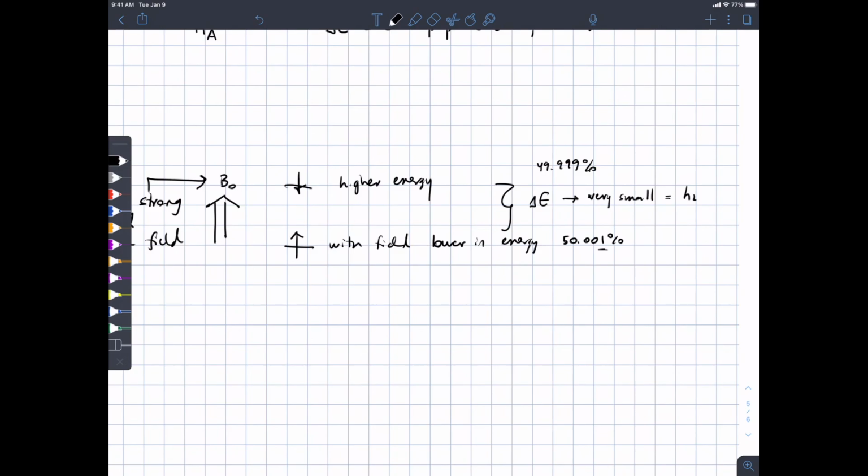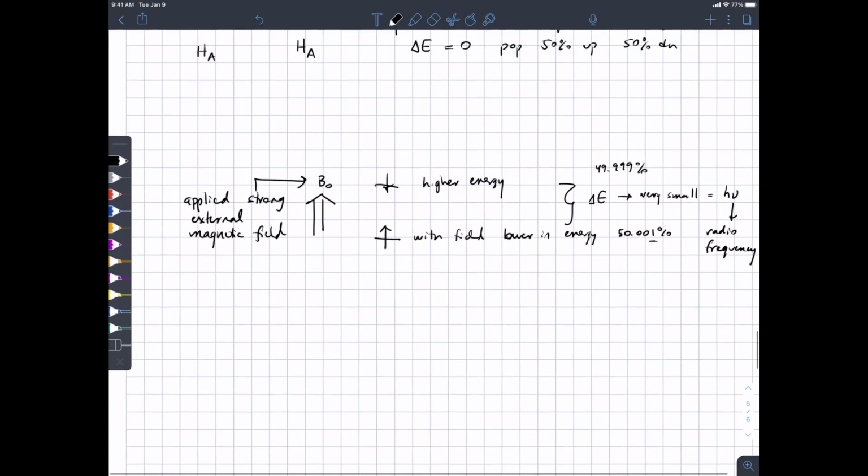If you figure out what frequencies are in the right range to make a proton jump from the aligned spin state to the opposed spin state, the photons that can do that are in the radio frequency. So you're looking at wavelengths of centimeters to meters instead of visible light frequencies.